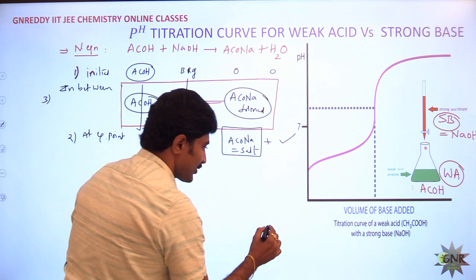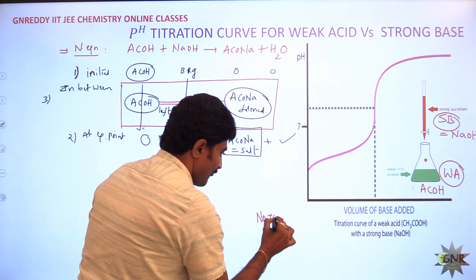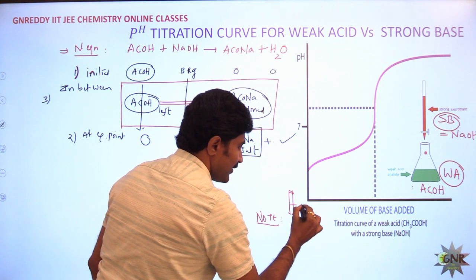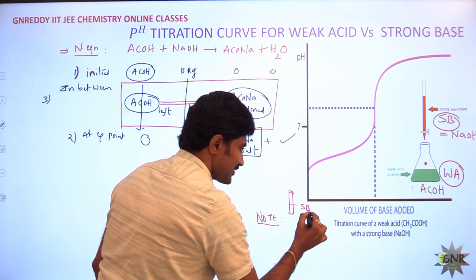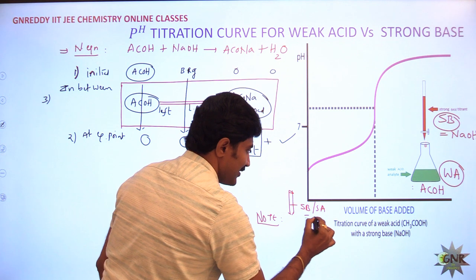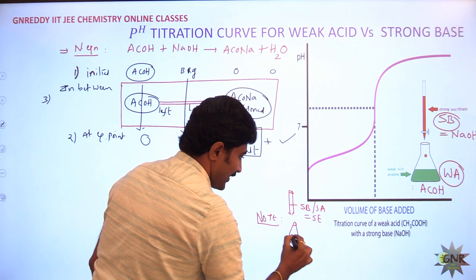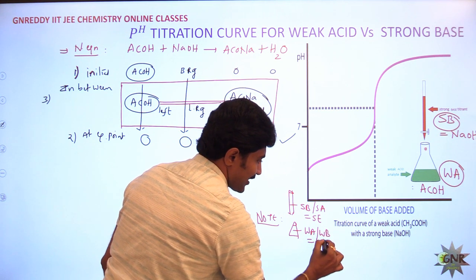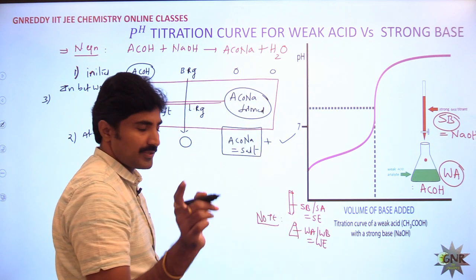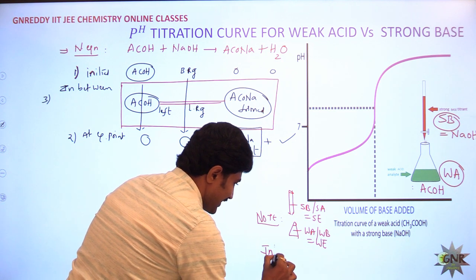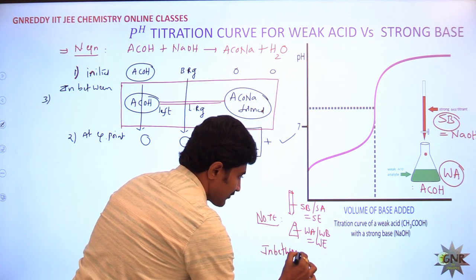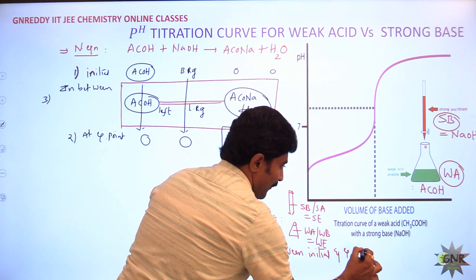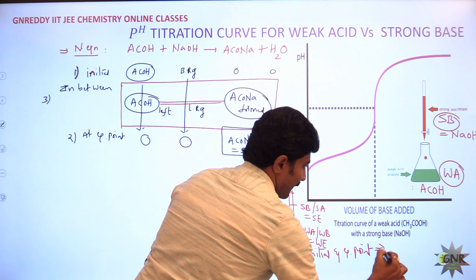Here one important note is, whenever in the burette we take a strong base or a strong acid, which is a strong electrolyte, and in the conical flask we take a weak acid or weak base, which is a weak electrolyte, in this combination, in between initial and equivalence point, buffers will be formed.